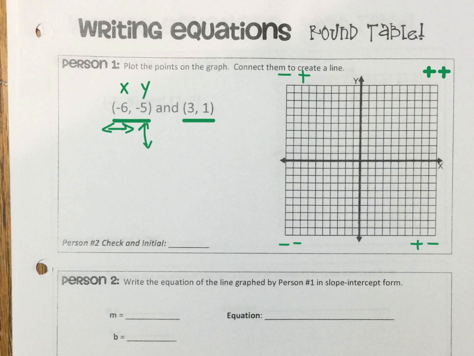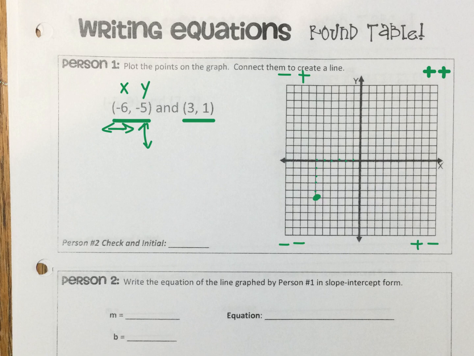So (-6, -5) is going to be in this quadrant right there. So first I go over -6, 1, 2, 3, 4, 5, 6. And now I'm going to go down 5. 1, 2, 3, 4, 5. And I'm going to put a dot right there.